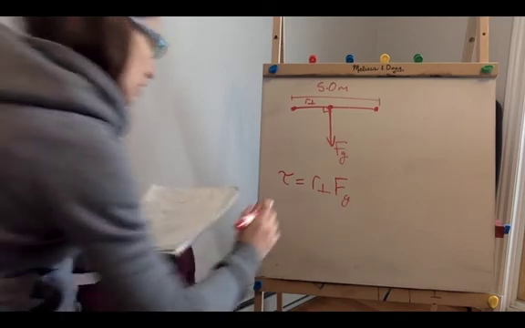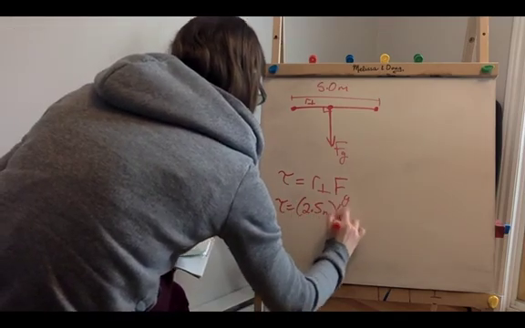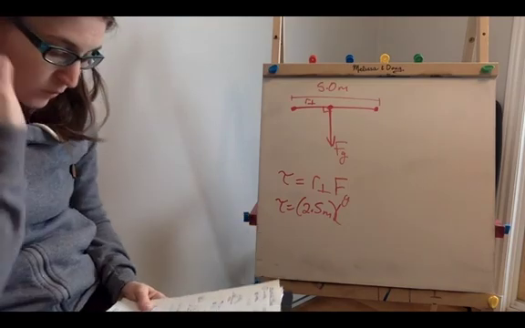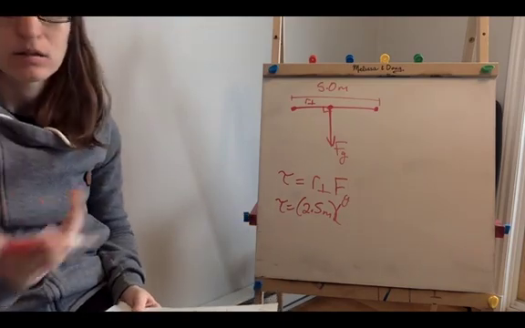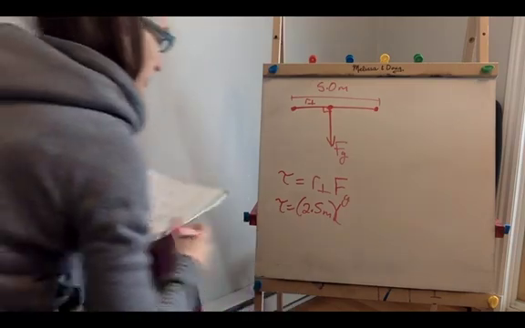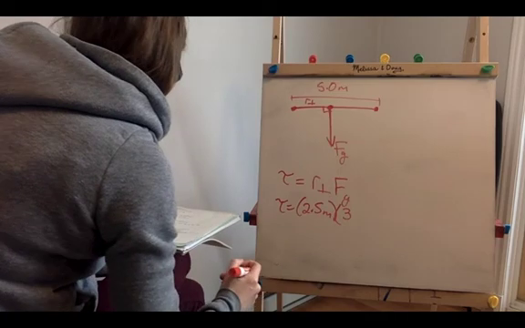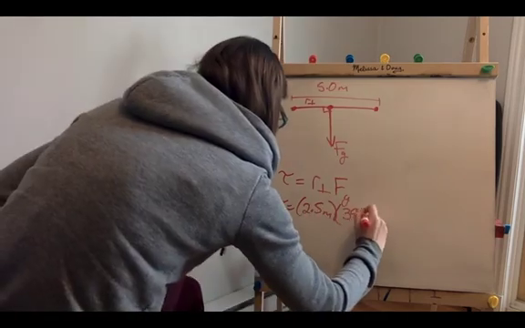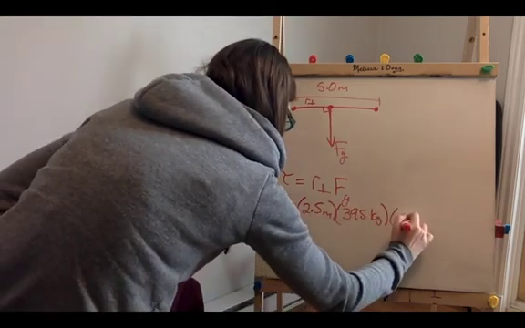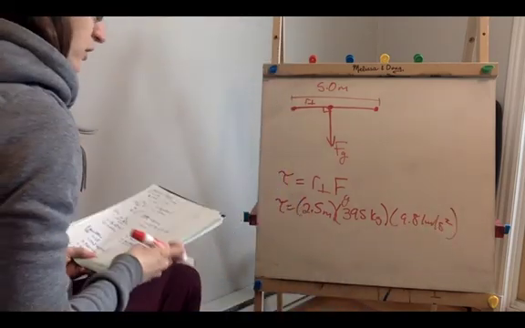So our torque value ends up being this 2.5 meters multiplied by your force of gravity, which again is just your mass times 9.81 meters per second squared, right? So they tell you the mass is 395 kilograms multiplied by your 9.81 meters per second squared.